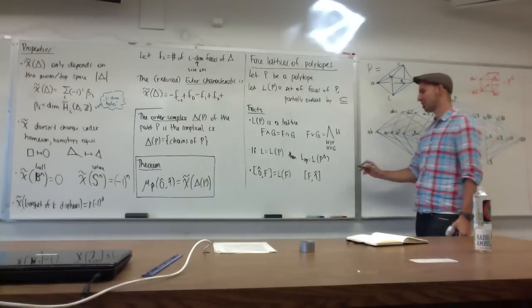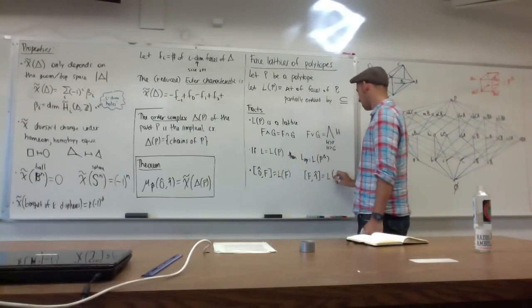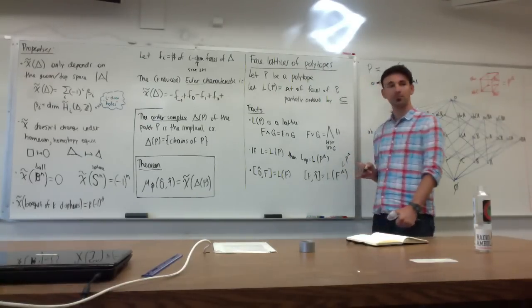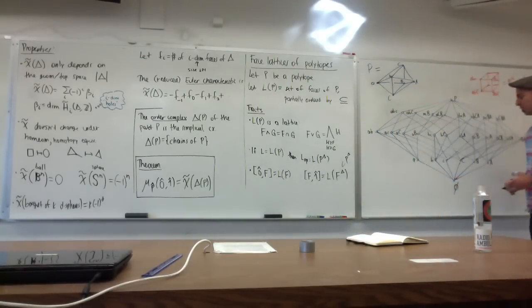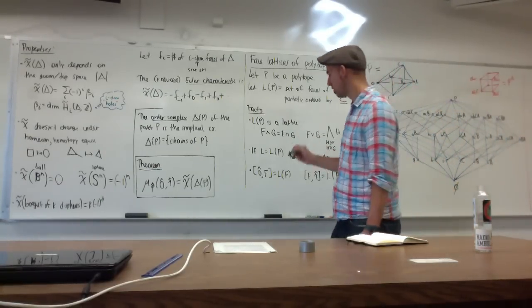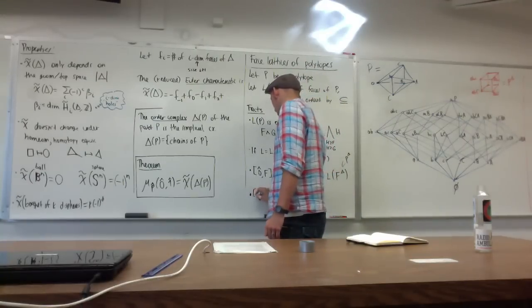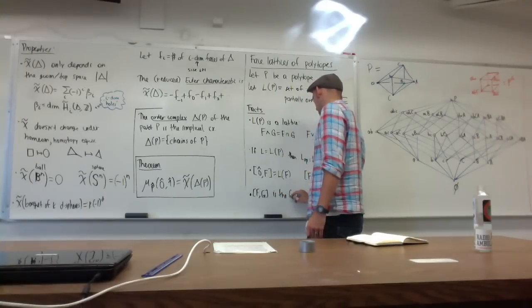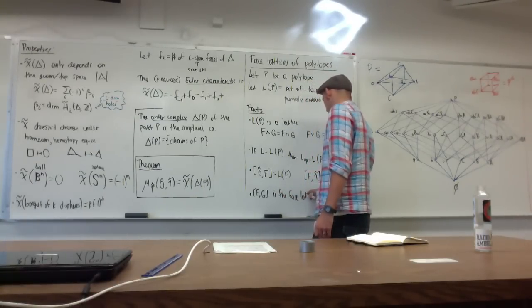So this is the lattice of F polar, which is a face of the dual polytope. Okay. So if you go from somewhere to the top, that's also a face lattice, and therefore any interval is the face lattice of a polytope.